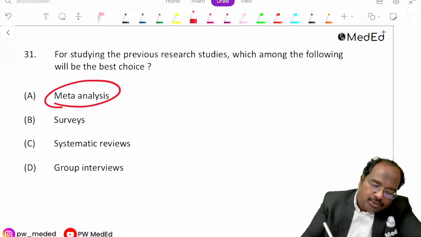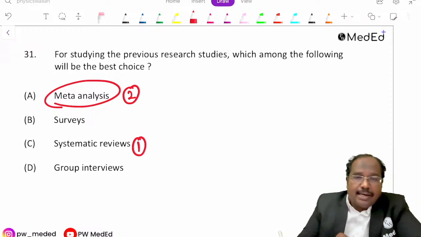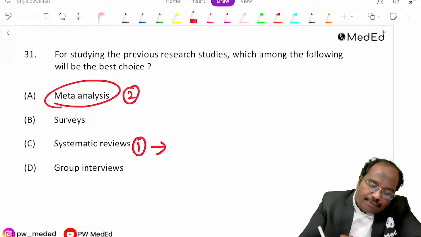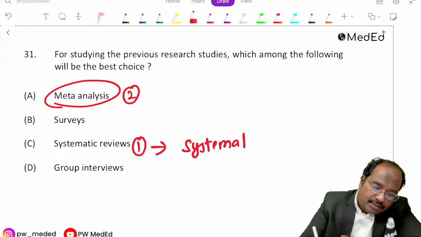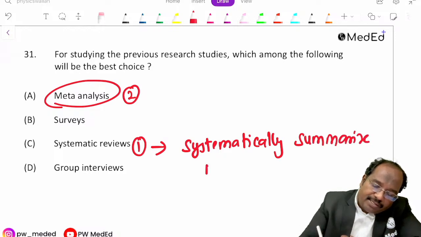So we have these two types. One is systematic review. Second is meta-analysis. In a systematic review, they systematically summarize previous studies.